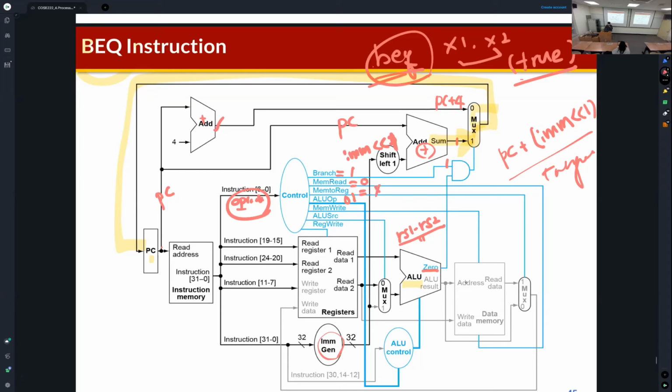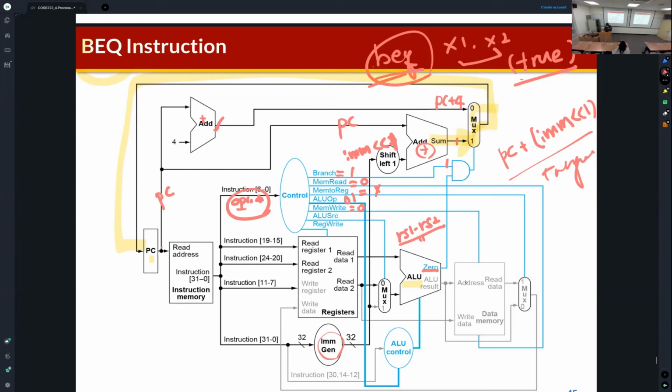Okay, so anything is okay. This path can be connected to the write data port, but it doesn't matter. And then how about MemWrite? It's also 0 because the branch instruction does not access data memory.